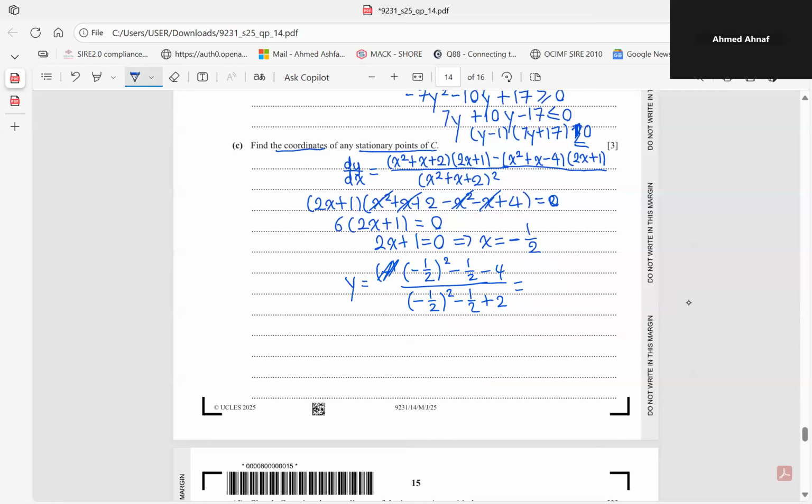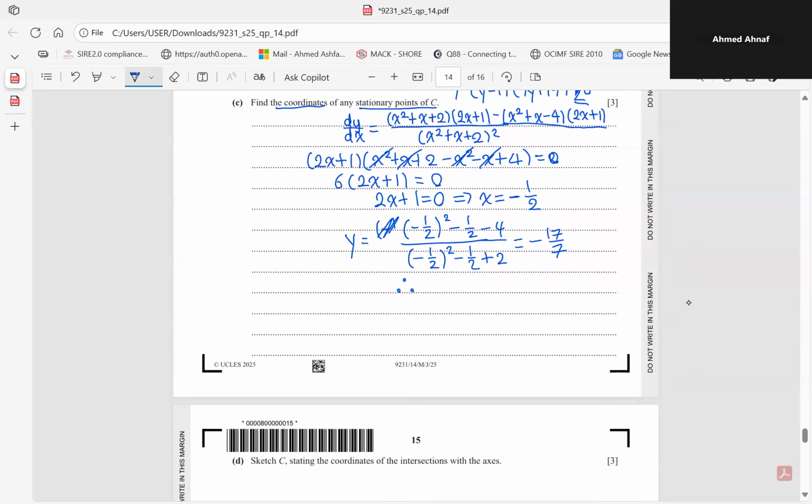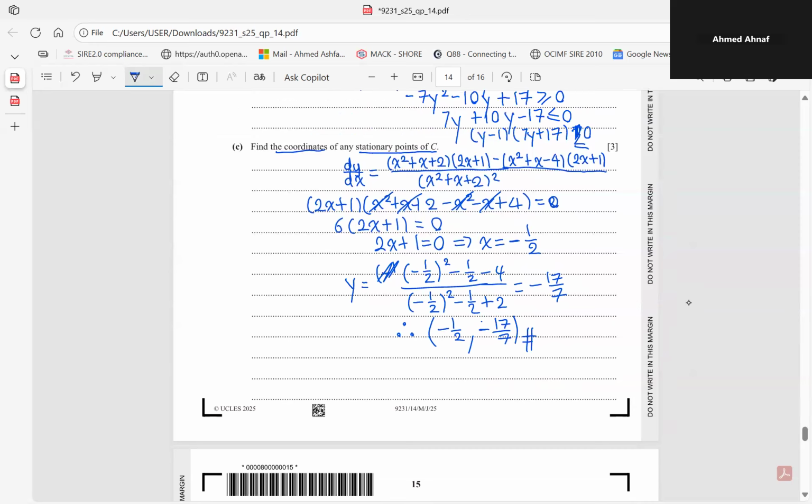Okay, and then this is equal to the answer plus that, answer squared plus answer plus 2. This is minus 17 over 7. So this is the only stationary point. The coordinates are minus half and minus 17 over 7. So this is our final answer for this part.